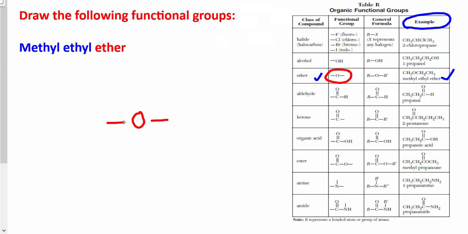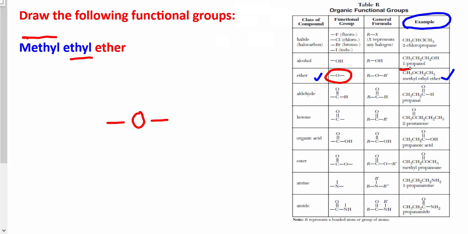And obviously I have 2 groups. I have a methyl group and I have an ethyl group. And we have to draw them, right? In this case, your methyl group in the given example is on your left side.